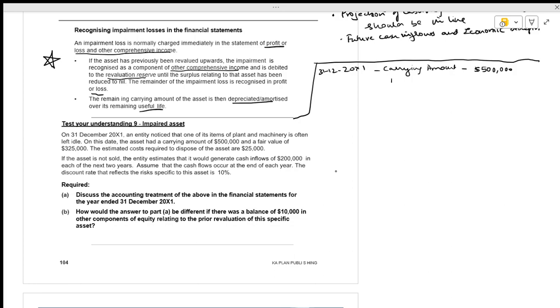What is the fair value? See, the carrying amount is more, the fair value is less. The estimated cost to sell is 25,000.